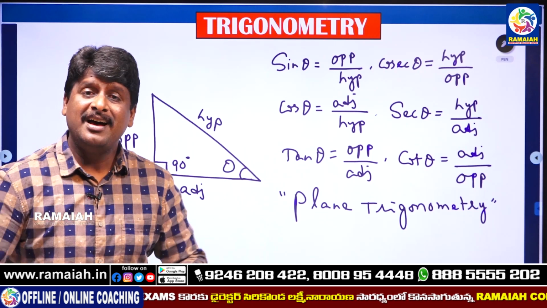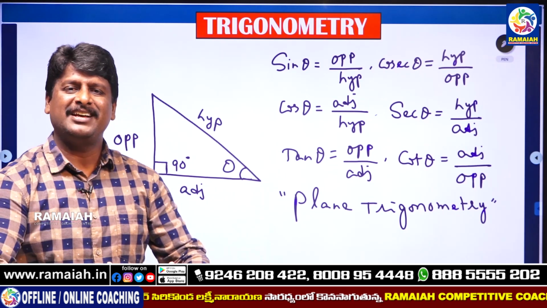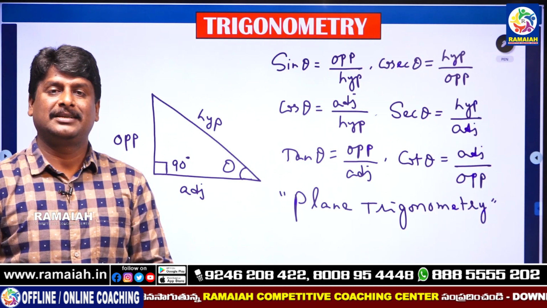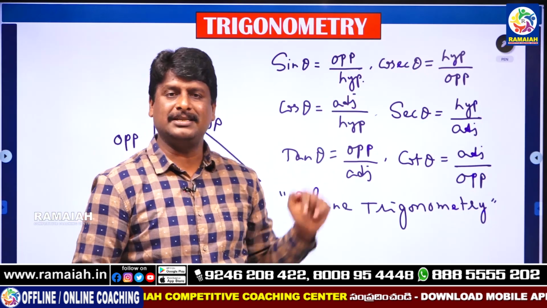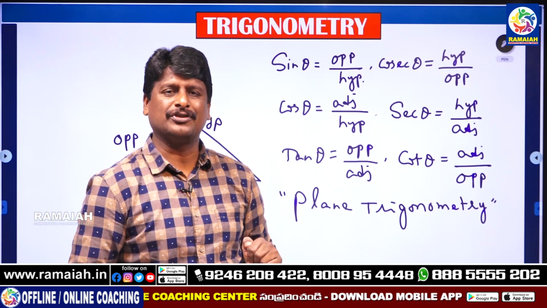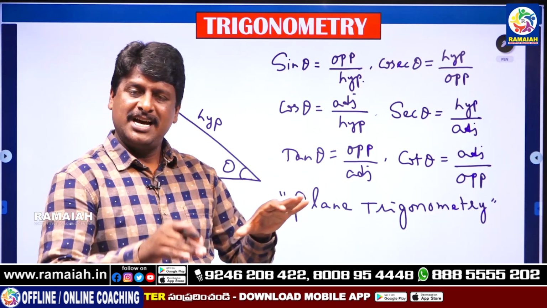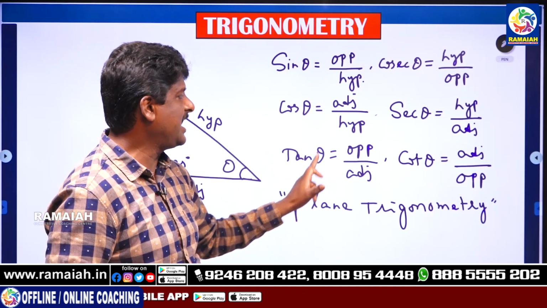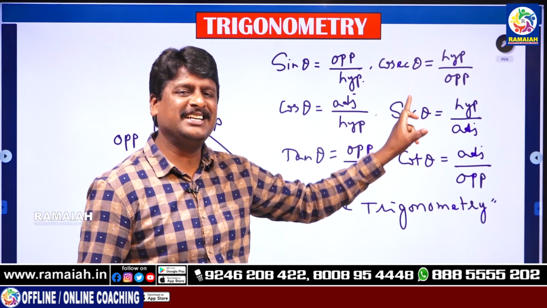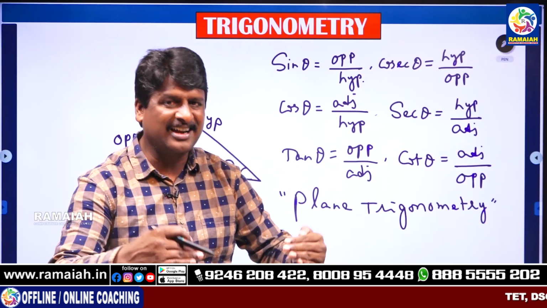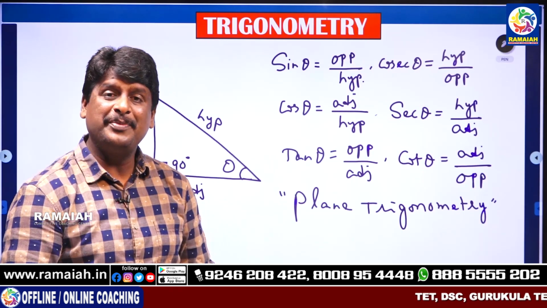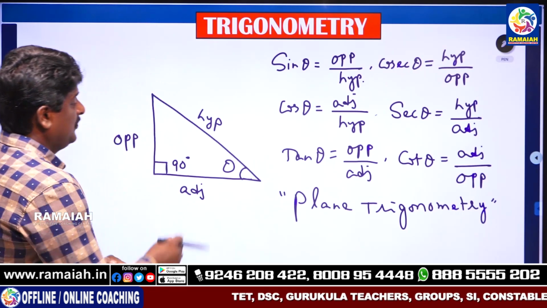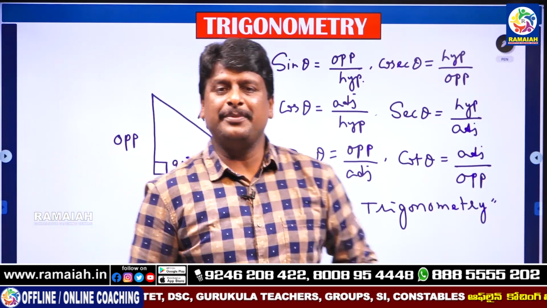It is just the relation between sides and angle. These are called sides, and of course these are in a ratio. That's why sin theta, cos theta, tan theta, cosec theta, sec theta, cot theta are called trigonometric ratios. This is known as plane trigonometry.